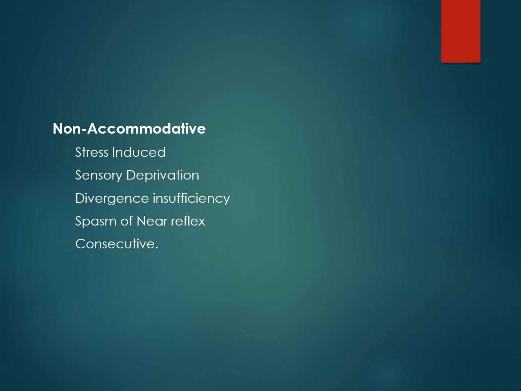It can also occur in divergence insufficiency, spasm of near reflex, and consecutive, meaning when surgery is done for exotropia, the divergent eye is made convergent.